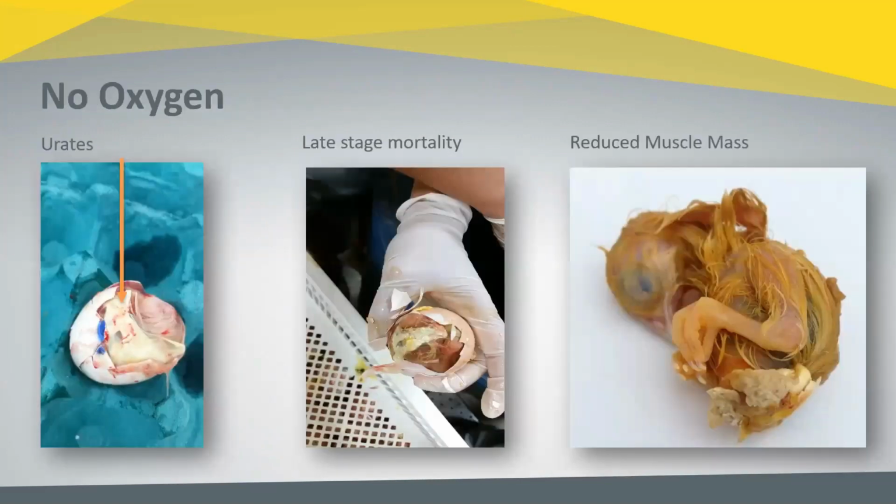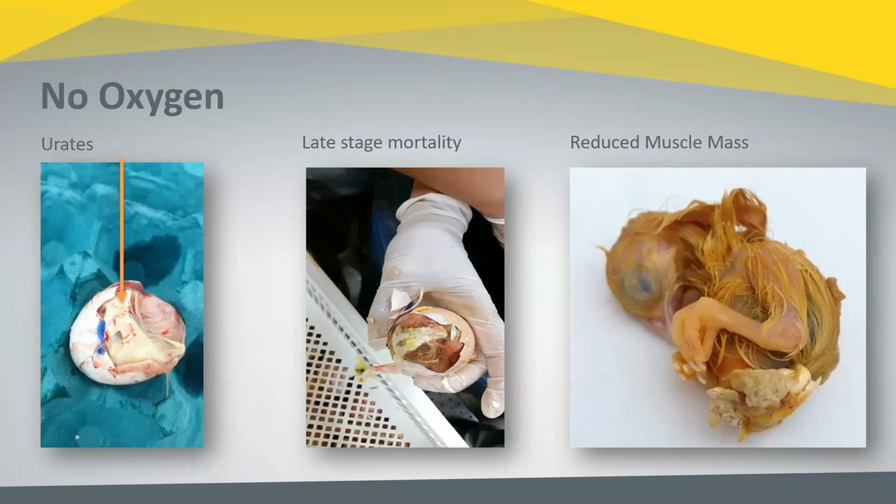When we look at some results with no oxygen, one of the first things you'll see is a high incidence of urates. Urates are a byproduct of an embryo developing with a low oxygen level.